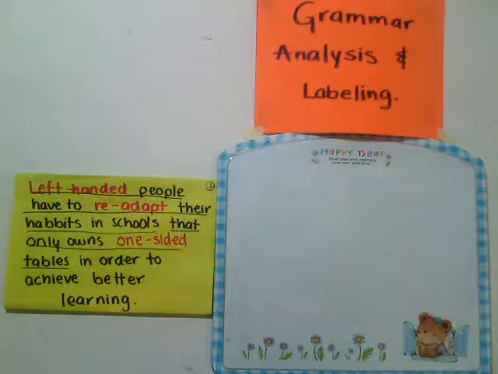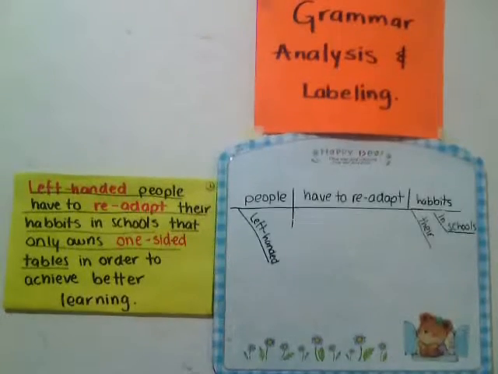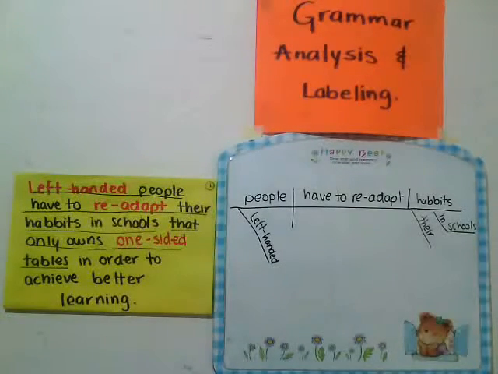Our next example is the next sentence: left-handed people have to readapt their habits in schools that only own one-side tables in order to achieve better learning. So we are going to start diagramming with the main clause. The main clause is left-handed people have to readapt their habits in schools. People is the subject.